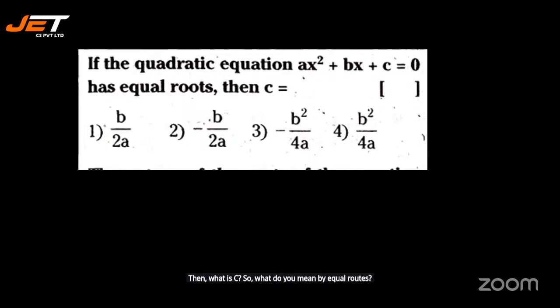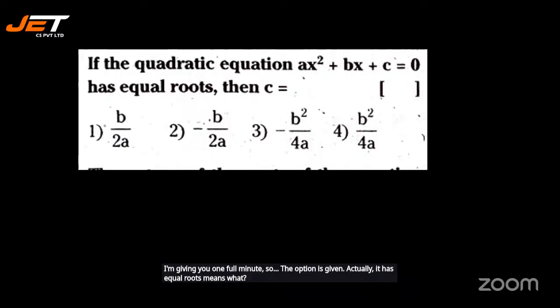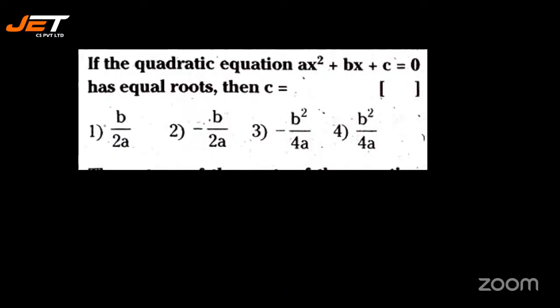The roots are equal, isn't it? So try it out and give me the answer. I'm giving you 1 full minute. So the options are given. Actually, it has equal roots means what? So then what is c?